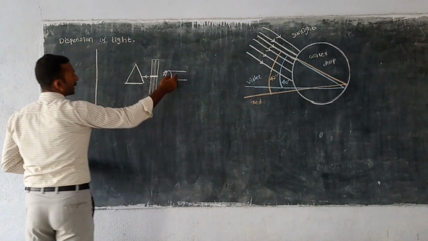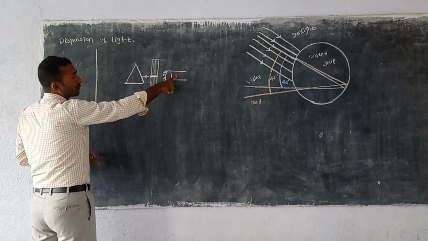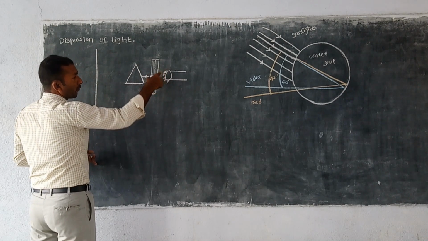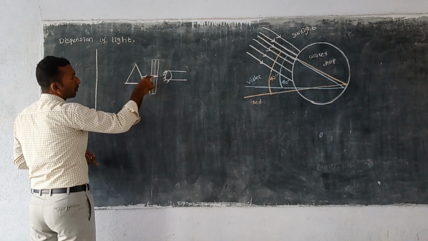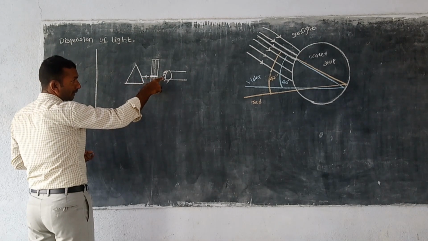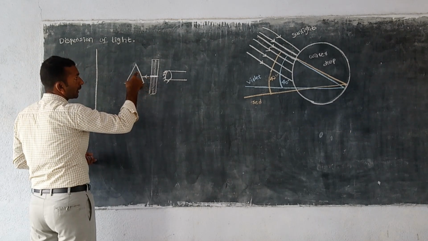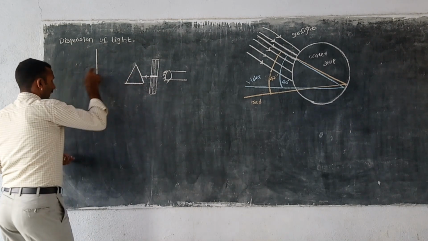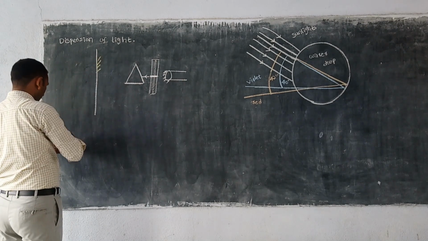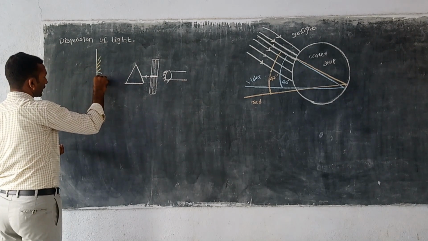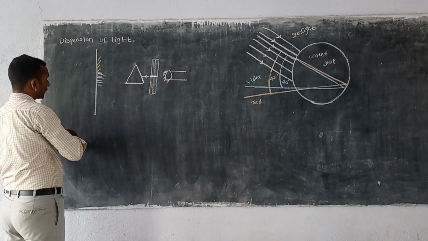Actually, how many light sources have we used here? Only one light source. Only one light ray comes from the light source, and after coming from the hole as a narrow light ray and being incident on the prism, it disperses into different colors, and you can see the different colors on the wall.